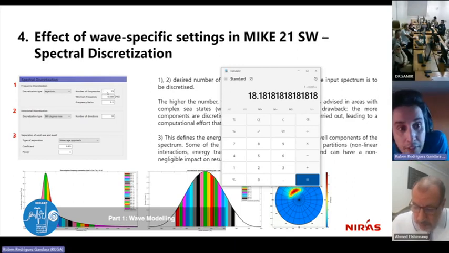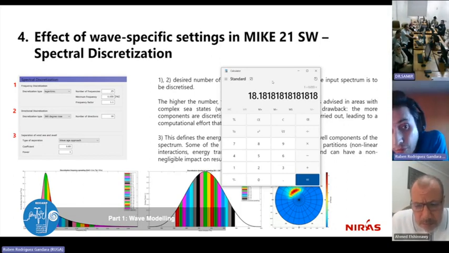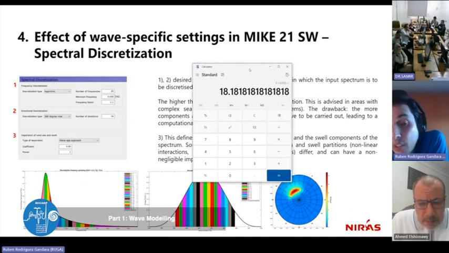Regarding the number of frequencies, again, 25, it depends on what you want the results for. For example, for coastal engineering, having 25 frequencies is good enough.